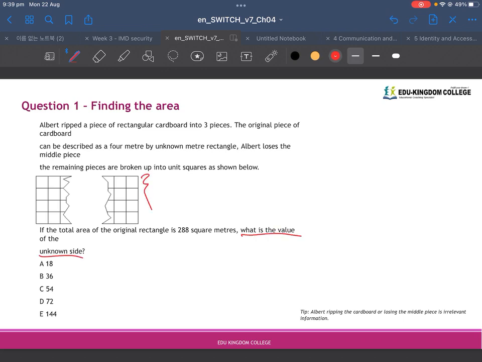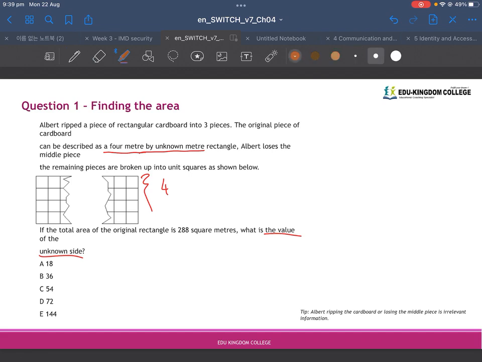If one side is 4 meter, then all we need to find out is the other side length, right? This is the unknown length. But guys, we already know what the area of this original rectangle is. It's 288 square meters.